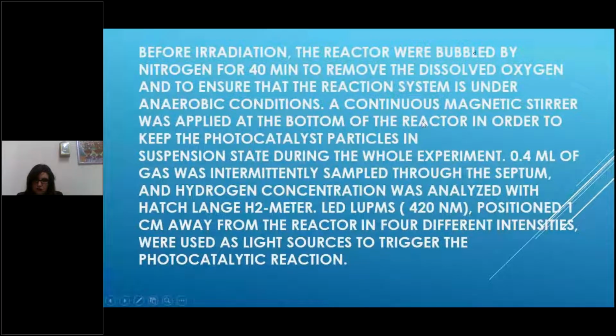The reactor was continuously stirred with a magnetic stirrer from the bottom of the reactor. The produced hydrogen gas was analyzed by GC-MS.